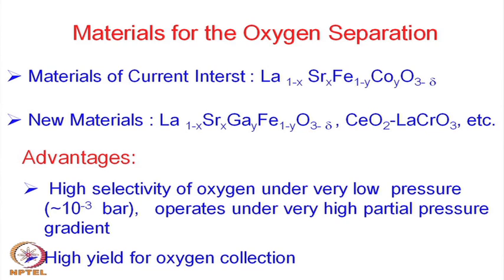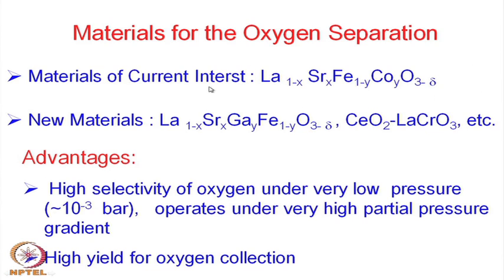The actual materials which have been shown to have such properties, the materials of current interest, is this one. There may be few others, but this is one important one out of them. It is lanthanum strontium iron cobalt ferrite actually. Okay. So, this is a LSCF, one can say. Lanthanum strontium is again a perovskite structure, basically a distorted kind of perovskite structure, and you have this compound.